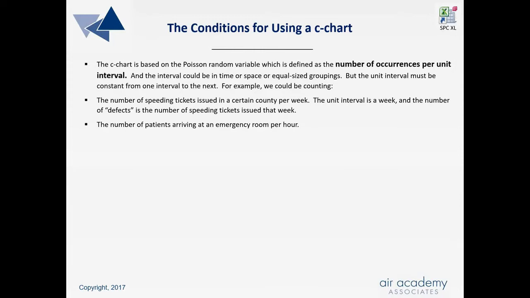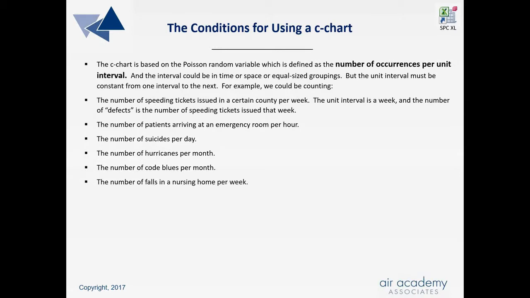Here the unit interval is an hour, and the number of defects or groupings or items of interest are the number of patients. The number of suicides per day, the number of hurricanes per month, the number of code blues per month, the number of falls in a nursing home per week, the number of infections per 100 patients. Here the interval is not time, but equal size groupings of 100 patients.